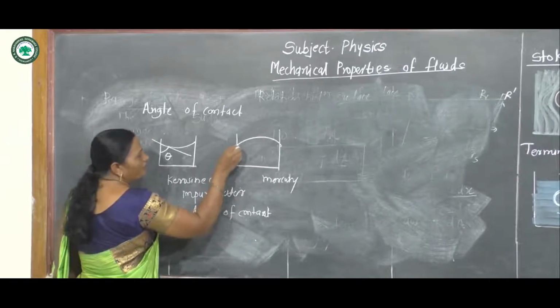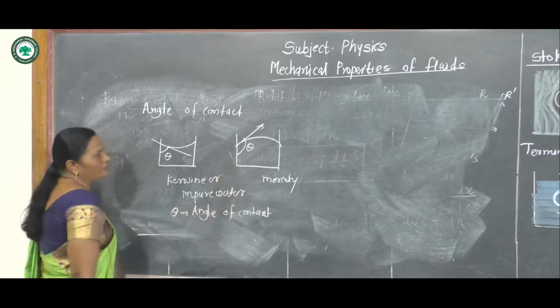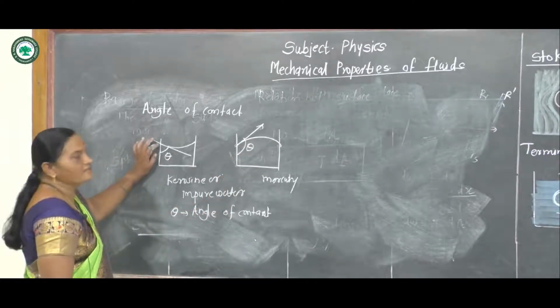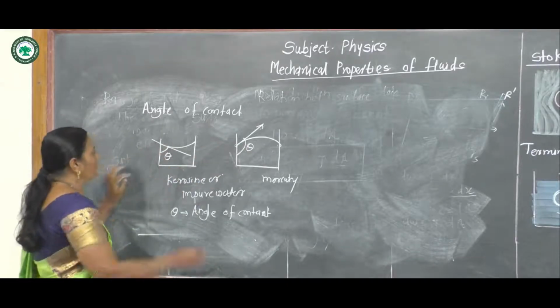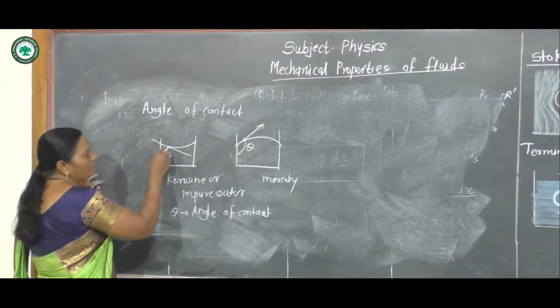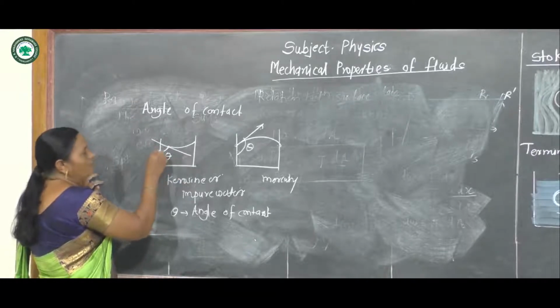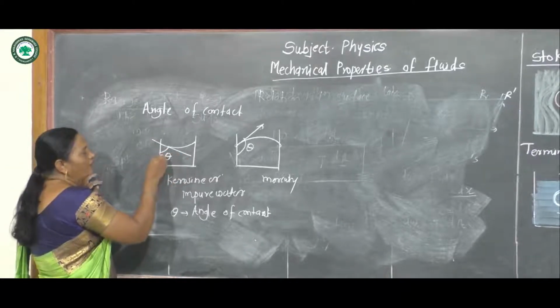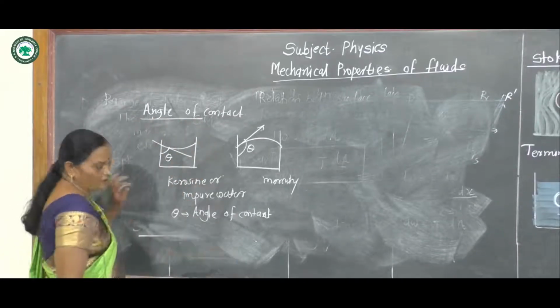Again we draw the tangent here, and this angle is the angle of contact. We can define the angle of contact as the angle between the tangent to the free surface and the solid surface at the point of contact of solid and liquid.